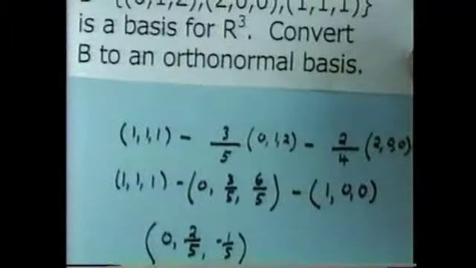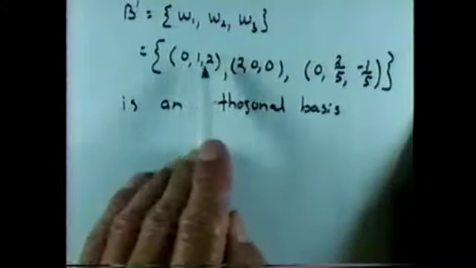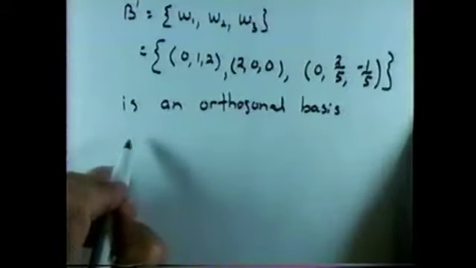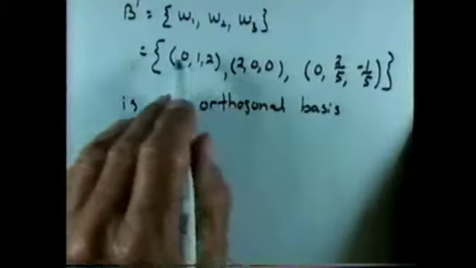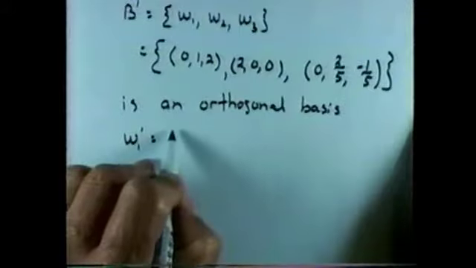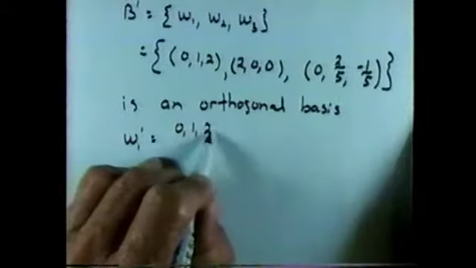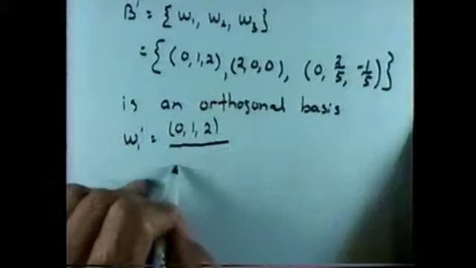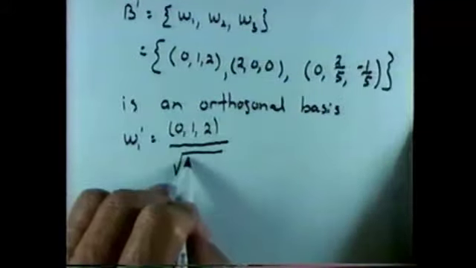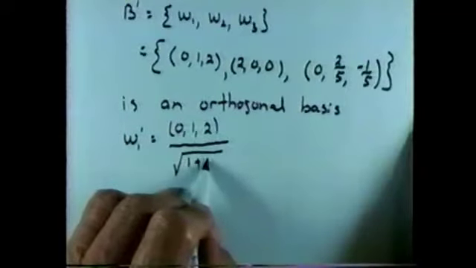But I asked you to convert it to an orthonormal basis. So we need to go through and divide each vector by its magnitude. So to convert it to the normal ones, I'll call it W1 prime, is going to be (0, 1, 2) divided by the magnitude, square root of 0 squared plus 1 plus 4.